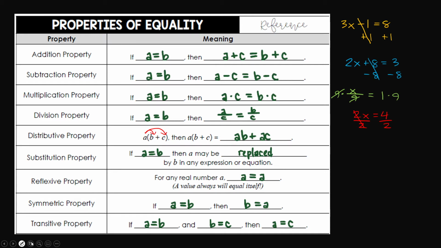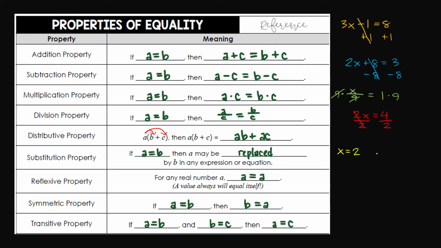Substitution property states that if A equals B, then A may be replaced by B in any expression or equation. We do this a lot when we check our answers in algebra. So let's say we find the solution to an equation is x equals 2.